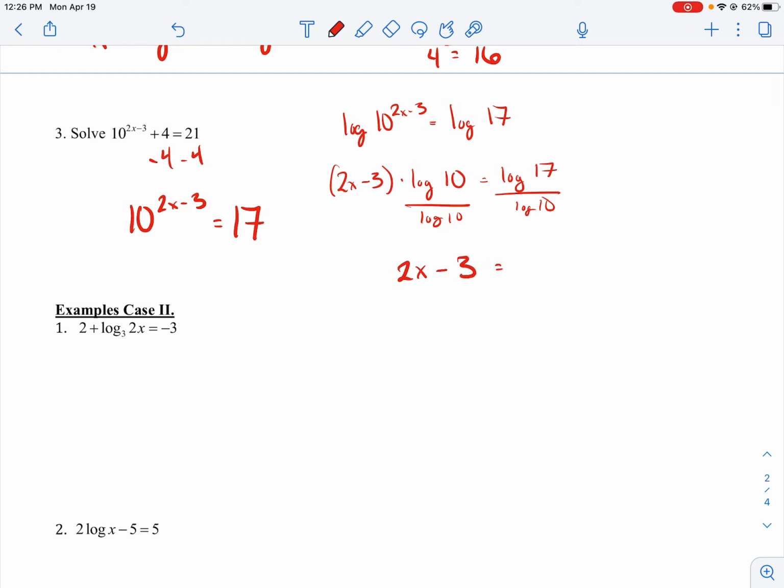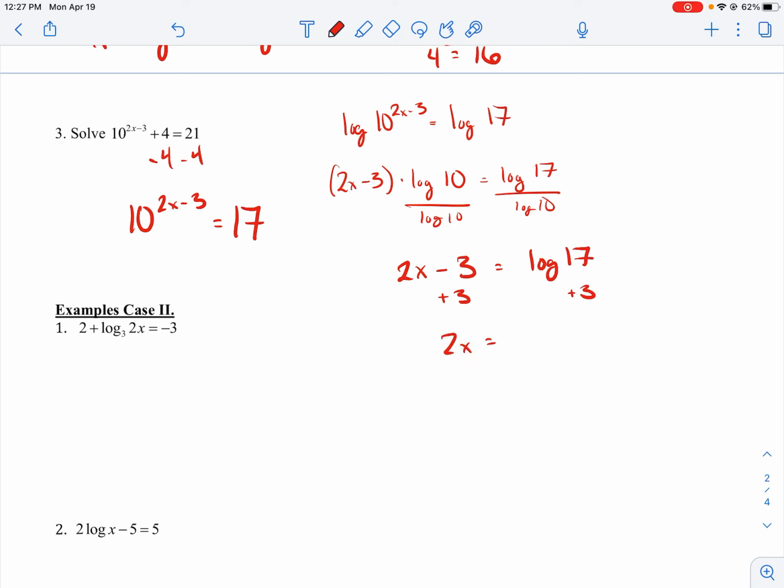minus 3 is equal to the log of 17 divided by the log of 10, which is just 1. And then, to get x by itself, I'm going to add 3.